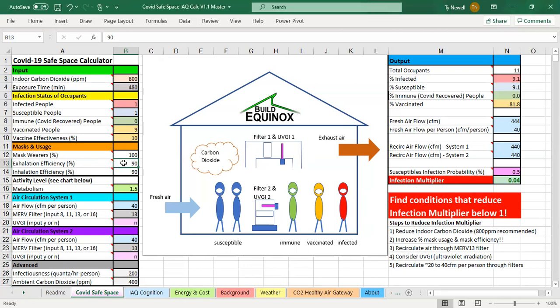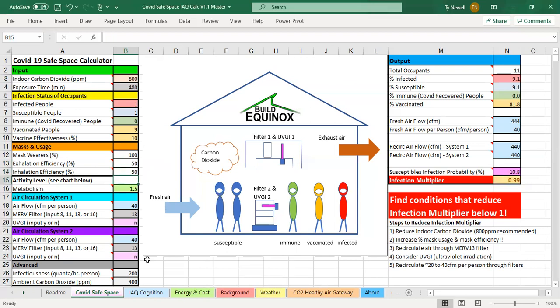And as we drop to lower levels of mask efficiency, you can see by going to a lower quality mask or wearing a poor fitting, poor filtering mask, even though everyone's supposedly wearing a mask, now we're back in accelerated disease transmission. So all of these factors are going to impact how we can keep the disease at bay.